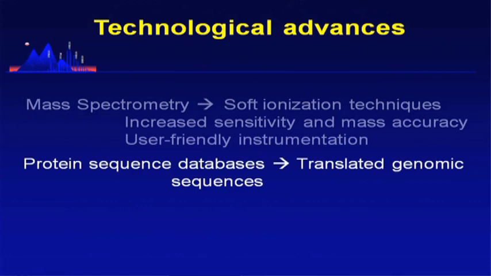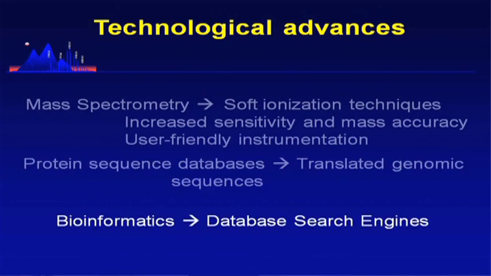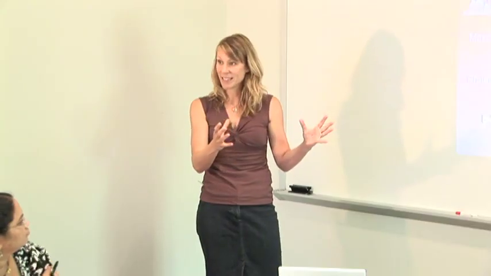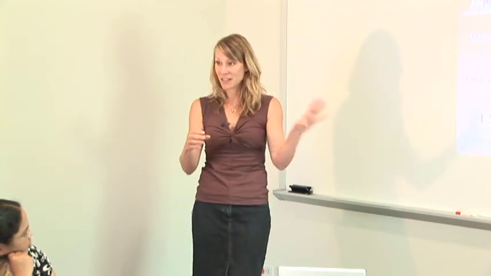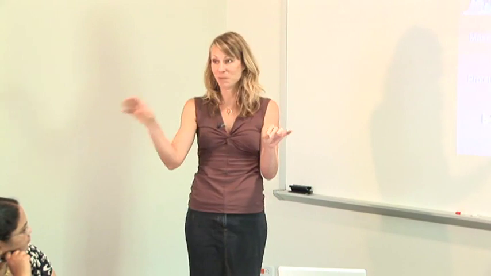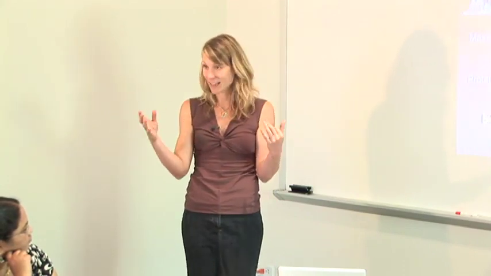And then along those lines, the third big advance has been the bioinformatics tools. And by this, I specifically mean the database search engines. Because it's one thing, we have these great mass spectrometers, we can generate all this data, and we have these enormous protein sequence databases, but how do you merge the two? How do you take this mass spectrometry data and actually mine those protein sequence databases to get anything useful out of it?